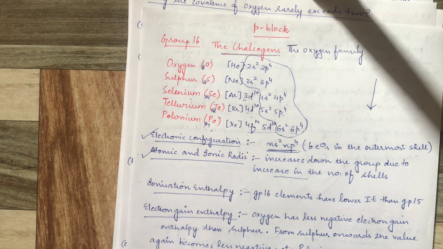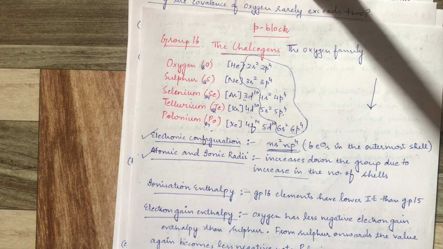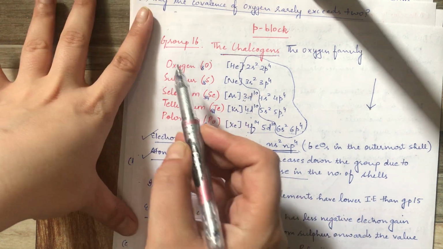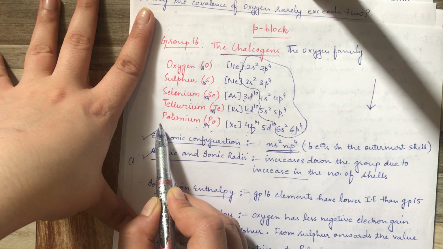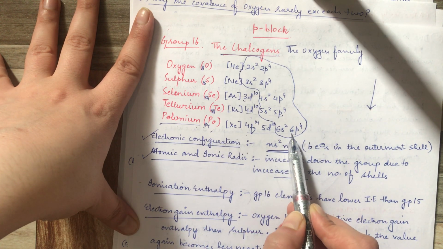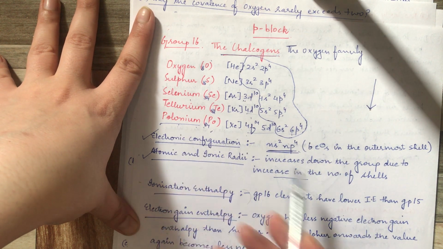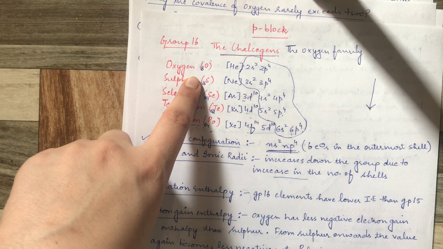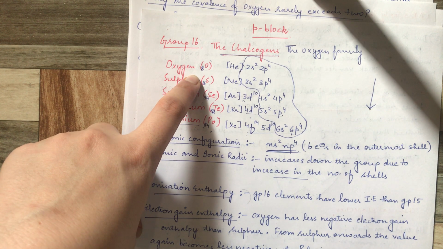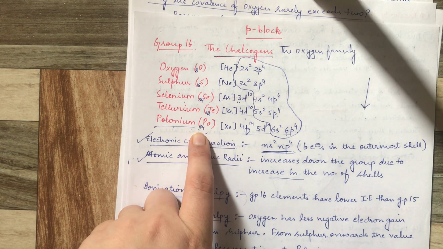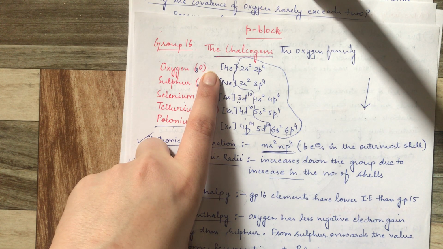That means the ionization enthalpy will tend to decrease. So it will be easiest to remove the valence electrons from polonium, and most difficult to remove the electron from oxygen, because polonium has the least effective nuclear charge and oxygen has the most effective nuclear charge.